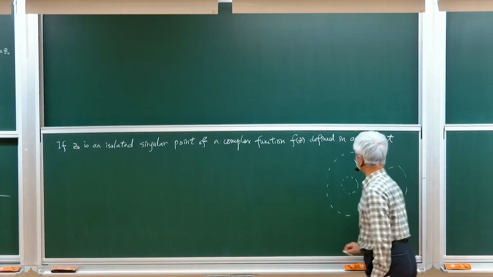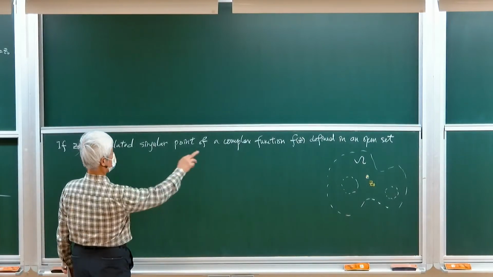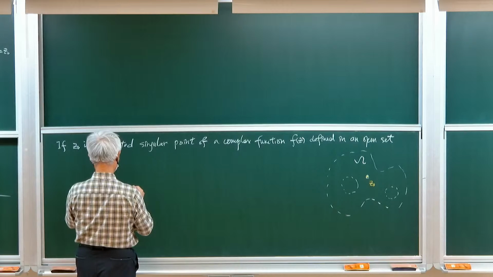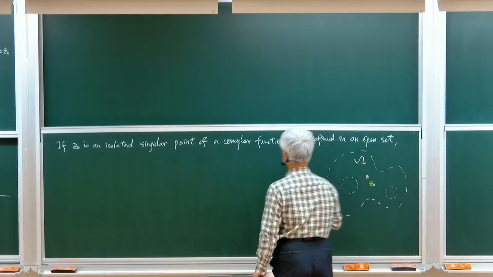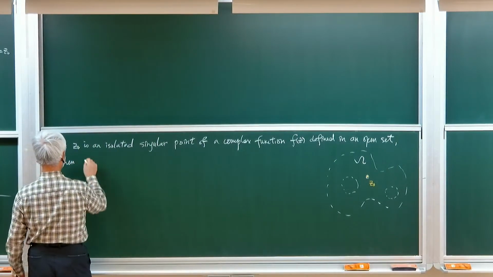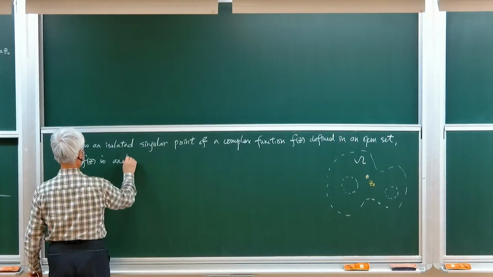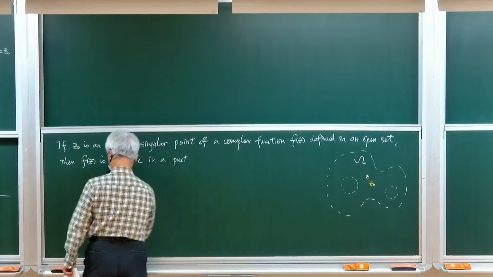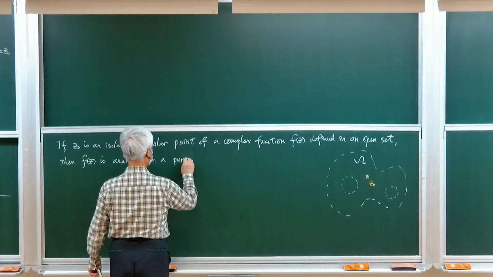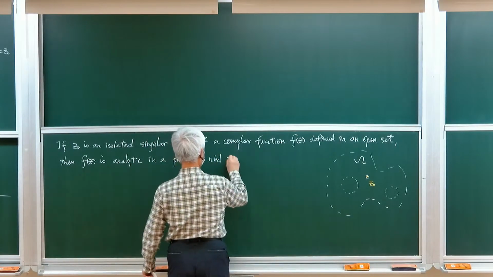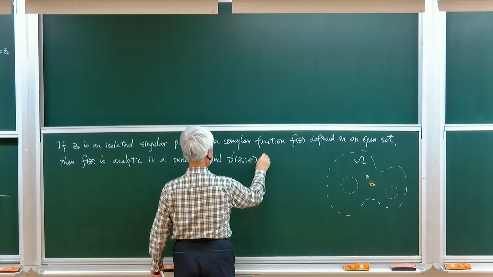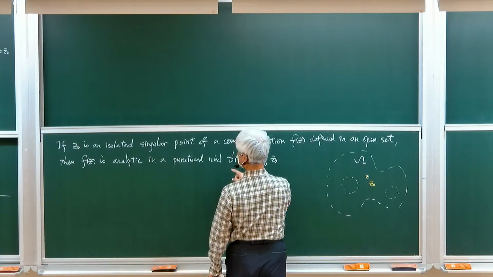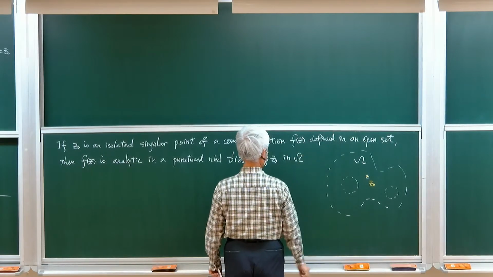Then f of z is analytic in a punctured neighborhood of Z0 in omega.